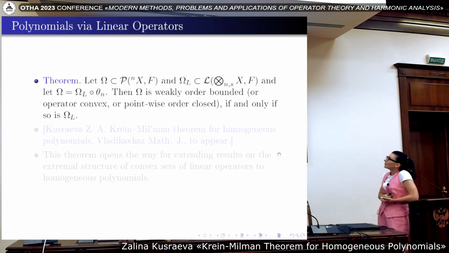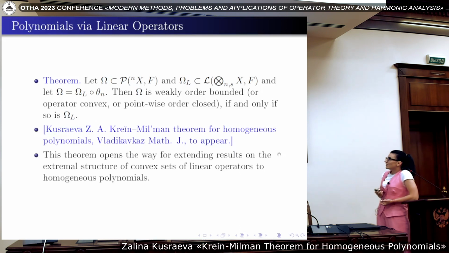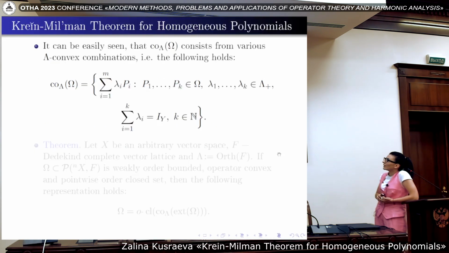Such properties of Omega, like weak order boundedness, operator convexness, and pointwise order closedness, are also true for Omega_L. And this theorem opens the way, as I said, for extending results on the extremal structure of convex sets of linear operators to homogeneous polynomials.